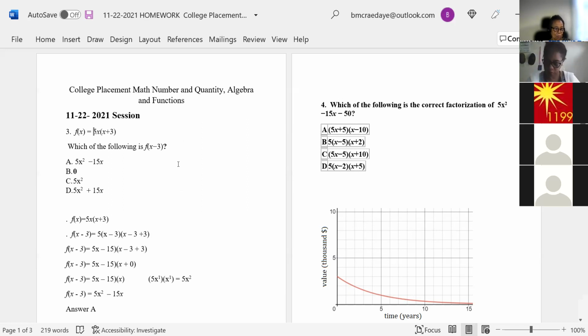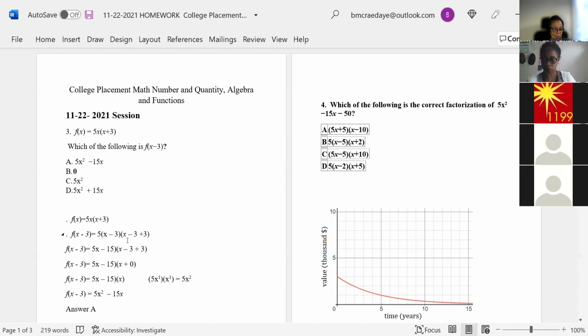So just as a review, if you're looking for f of x minus 3, that's the input. So you put that input wherever you see the variable x. So every x is substituted by x minus 3. And you see it here as 5 times x minus 3, and then x, which would be x minus 3.